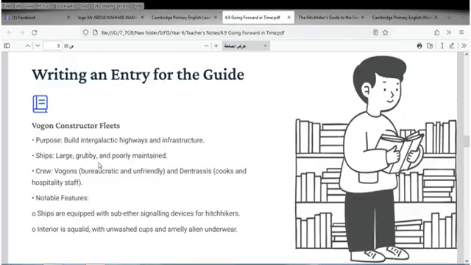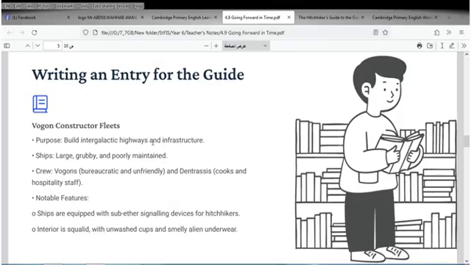Now, if I wanted to write an entry for the guide, I wanted to write something like that: Hitchhiker's Guide to the Galaxy, Vogon Constructor Fleets. The purpose is to build intergalactic highways and infrastructure.